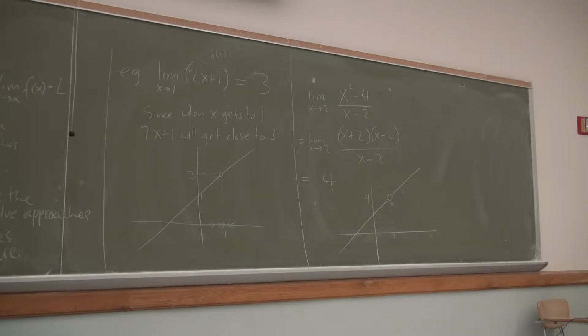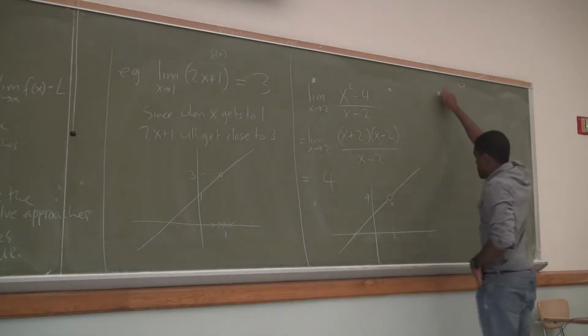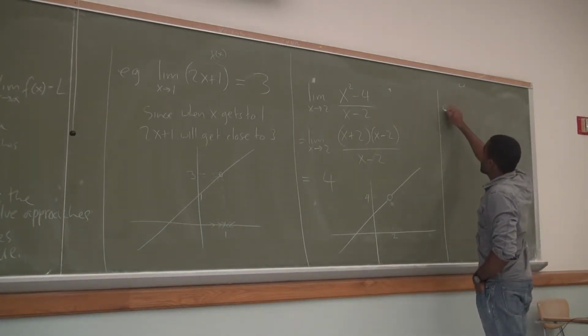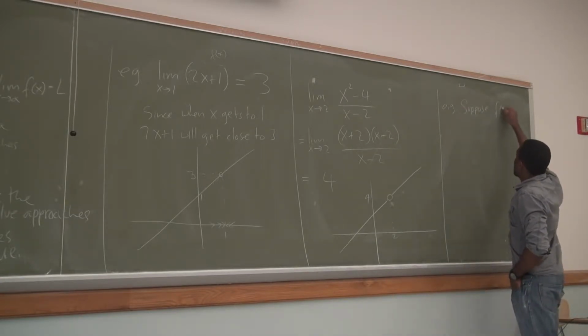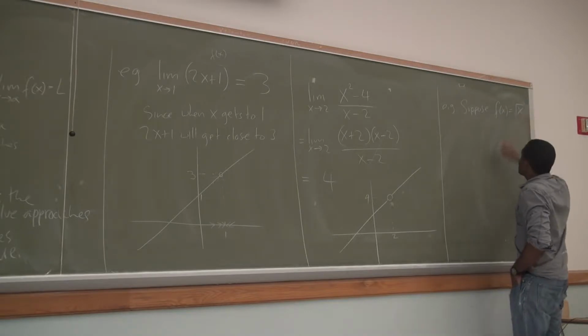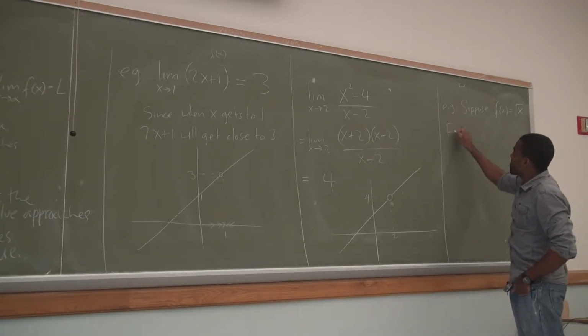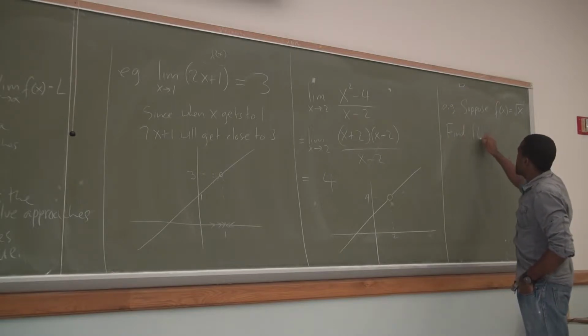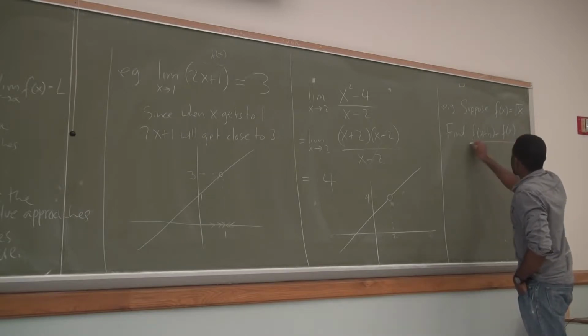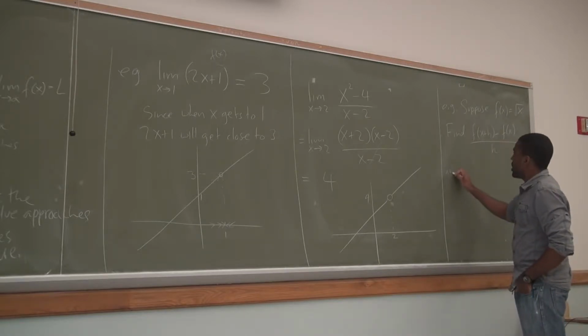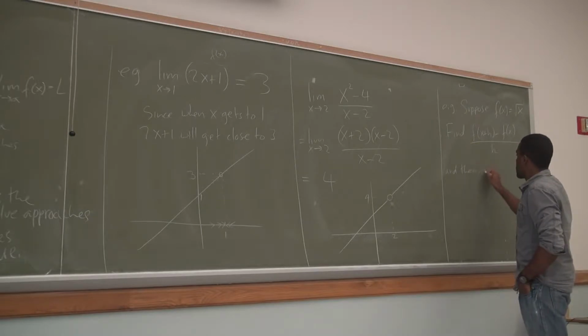Let's look at something else. These are very similar problems to ones I did on the quiz. Okay, now another example. Suppose f of x equals radical x. Find f of x plus h minus f of x, over h, and then compute.